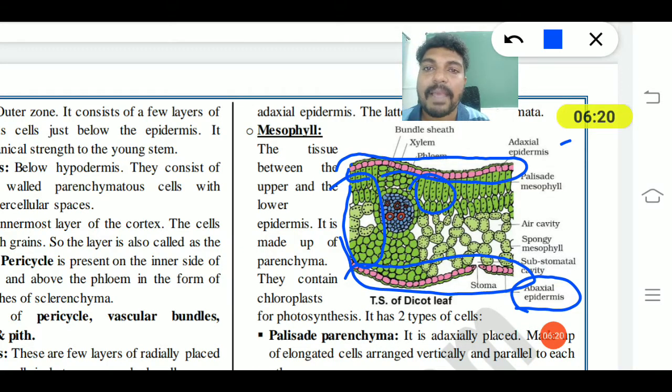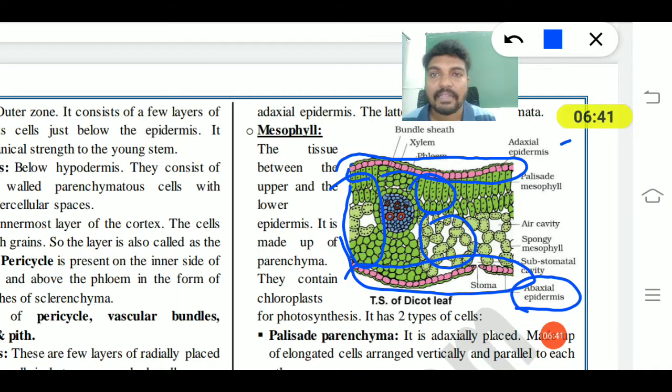They are called palisade mesophyll, arranged in one or two layers, and below these there are spongy mesophyll cells. So mesophyll cells are broadly classified into two types: palisade mesophyll cells and spongy mesophyll cells. In other terms they are called palisade parenchyma and spongy parenchyma.